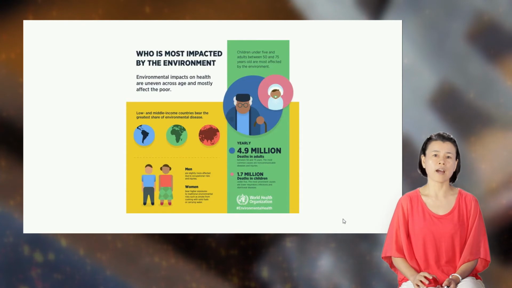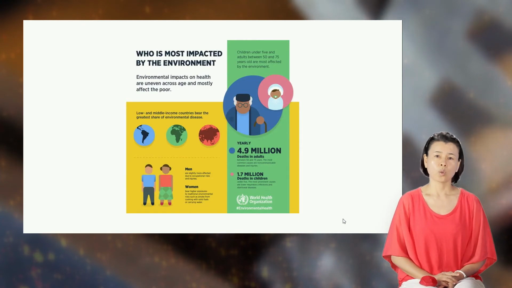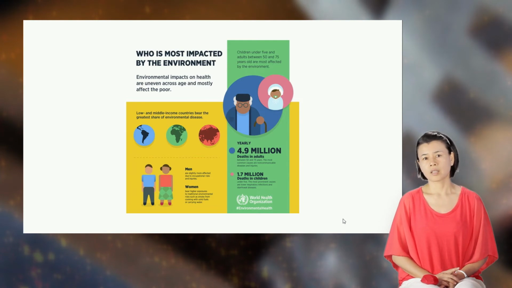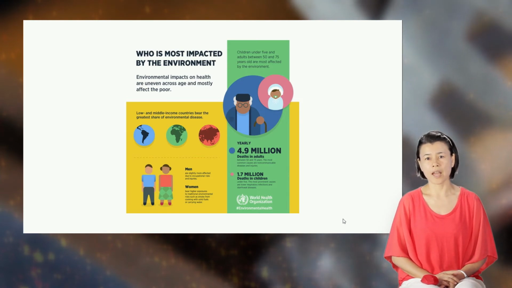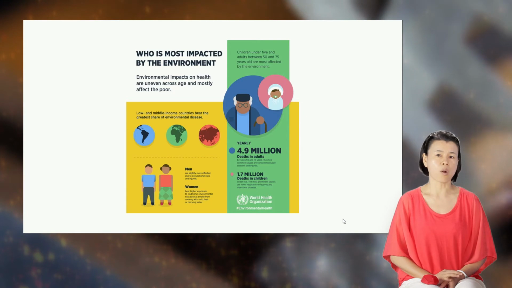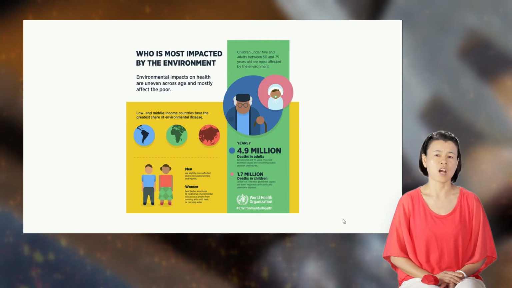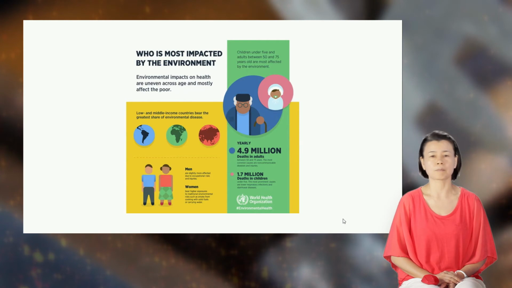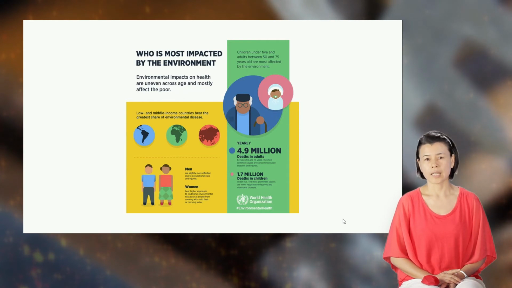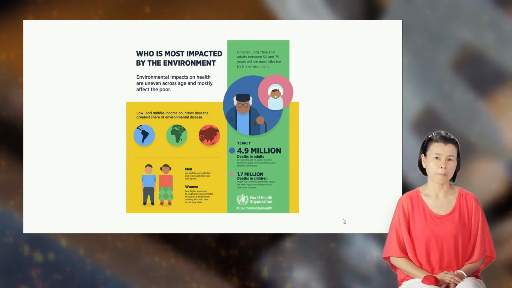According to the World Health Organization, who is the most impacted by the environment? The environment's impacts on health are uneven across age and mostly affect the poor. Low and middle income countries bear the greatest share of environmental disease. In addition, it's not only a health issue, but also a survival problem.